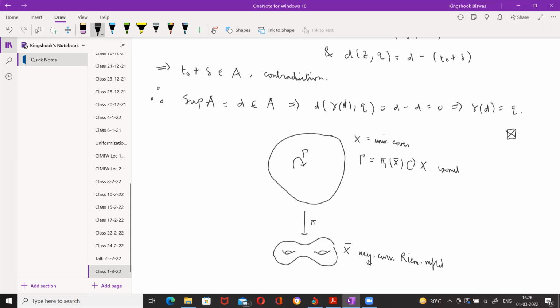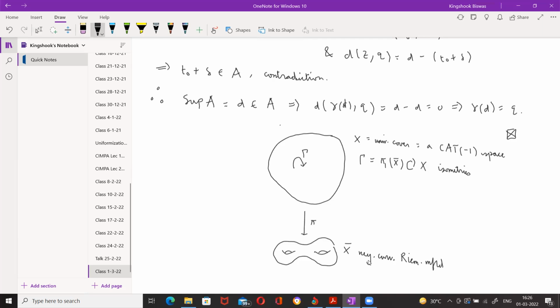And now this X is what is called a cat-1 space. So it's a negatively curved space, and it's contractible. To such a space you can associate a boundary at infinity. Like for the hyperbolic space Hn, the boundary is the unit sphere Sn-1.